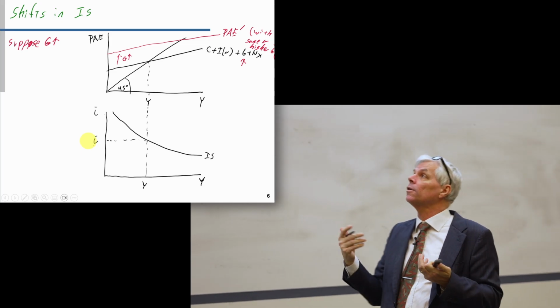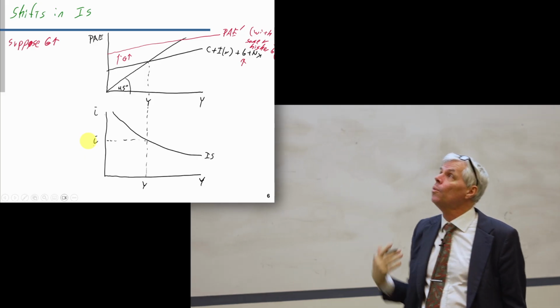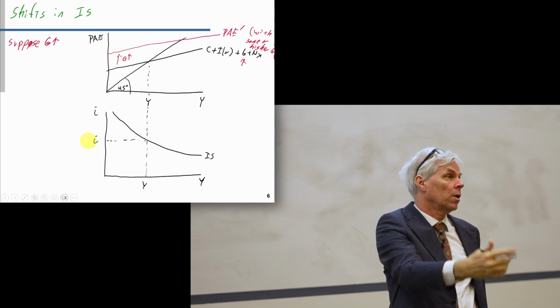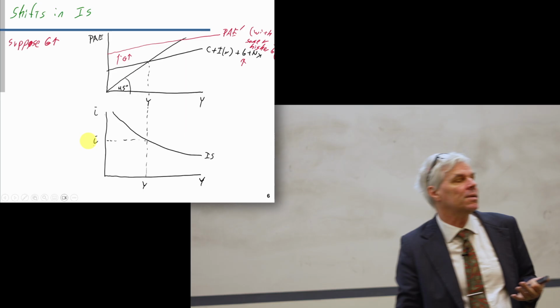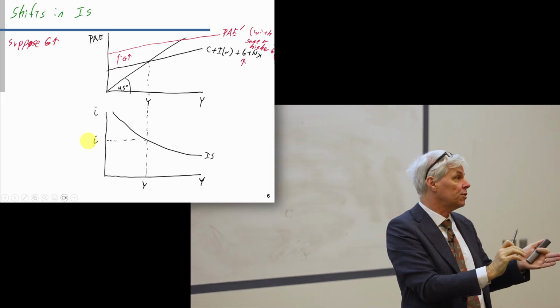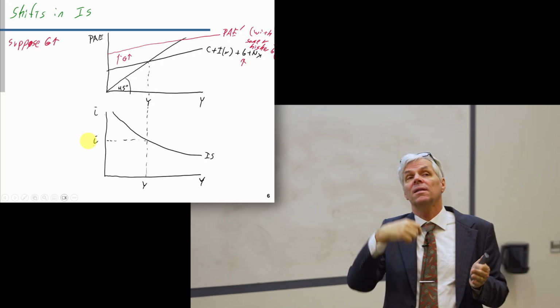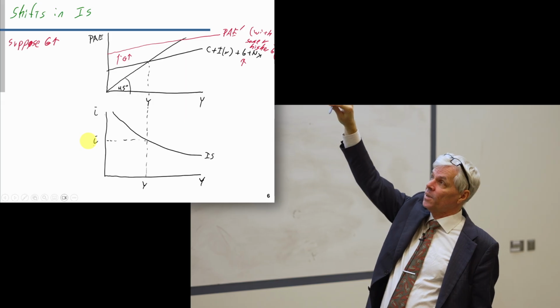So at any particular level of income, that's the x-axis, we now want to buy more stuff than before. All the people were buying the same stuff, foreigners were buying the same stuff, firms were investing the same amount because we didn't change the interest rate, but the government is buying more stuff. So the whole curve shifts up by the change in government spending.